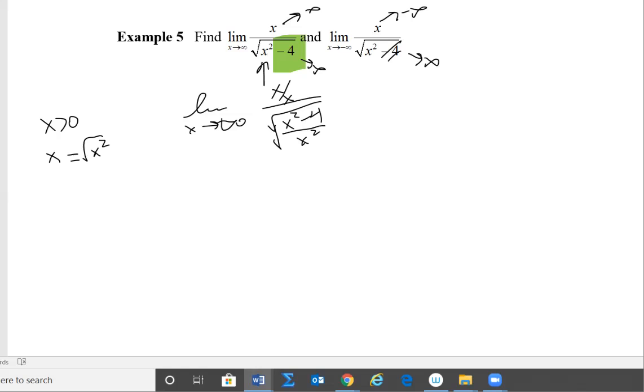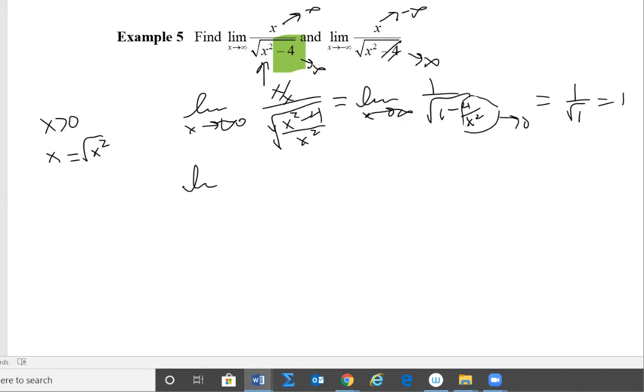So that's no problem. I've divided numerator and denominator by an x. That leaves me with 1 over square root of 1 minus 4 over x squared. Now, this term in here goes to 0, so I end up with 1 over root 1, which is 1, as we suspected.